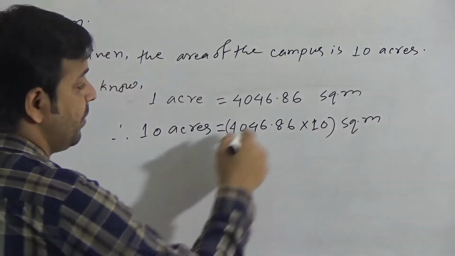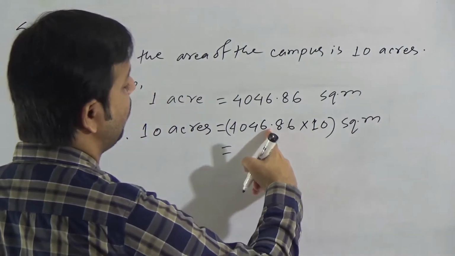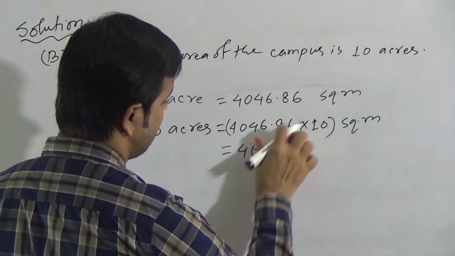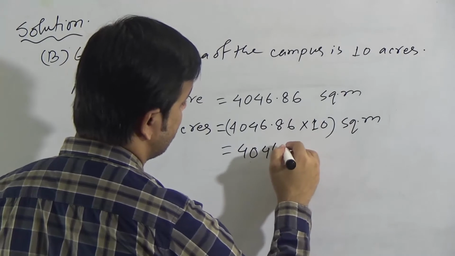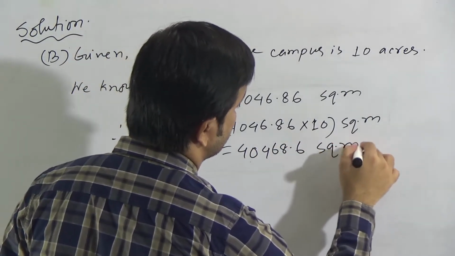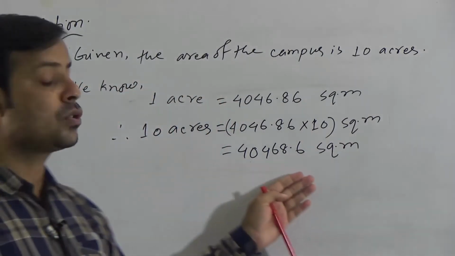So I have converted. Now if we multiply this by 10, the decimal will move one digit right. So this will be 40468.6 square meter. Okay dear students, it means that I have converted the area into square meter.